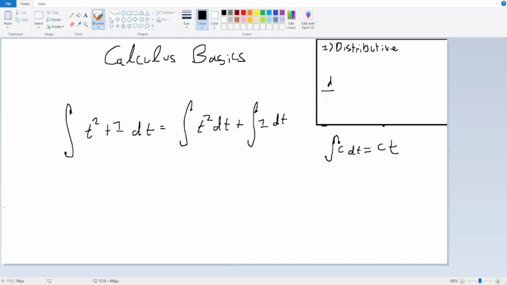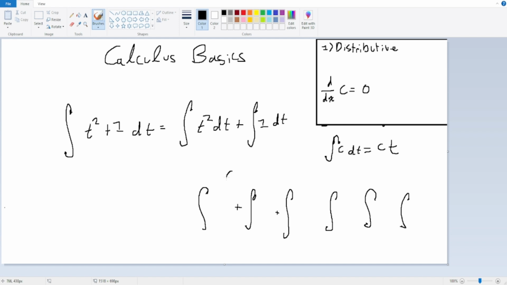Now, something that's kind of interesting about integrals is, remember how we said they're the inverse of derivatives? We remember that the derivative of any constant is 0, right? And so technically, when you're doing the integral of c dt, this is going to sound super stupid, but it's so important. c is equal to c plus 0 plus 0 plus 0 plus 0, and so on.